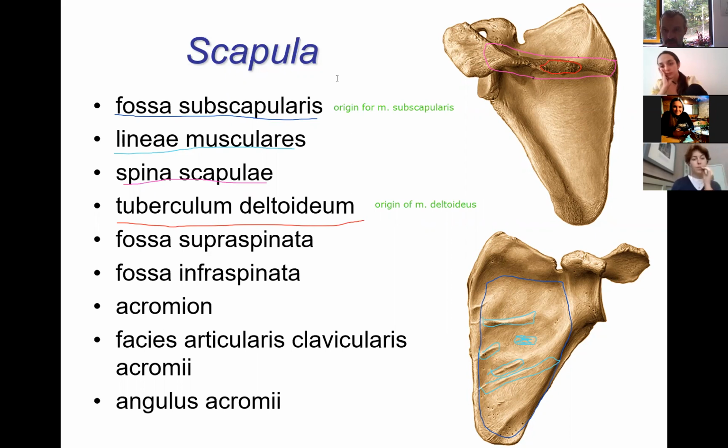So what is the acromion? The acromion is this part. And if you palpate on your shoulder above, you can feel it nicely. Here above, that's the acromion. Or also this is the acromion.